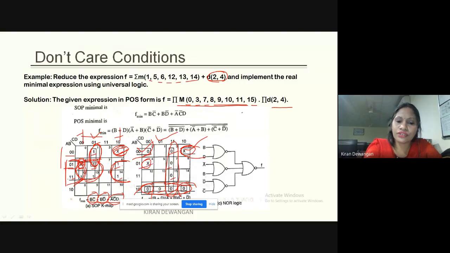This is left, let it be. So here we are making use of this particular don't care, and we are not using this don't care. Hence we have three quads, and we can have this as the minimal POS expression.